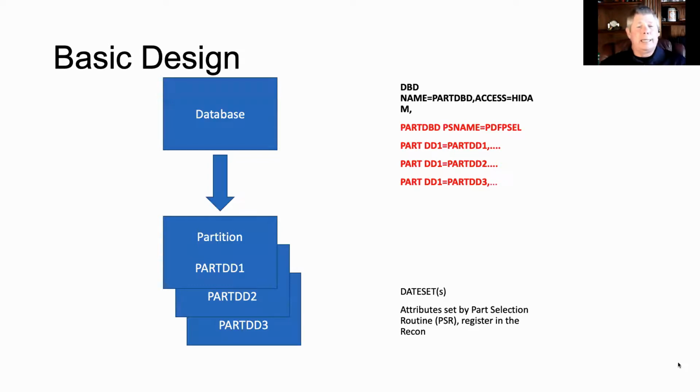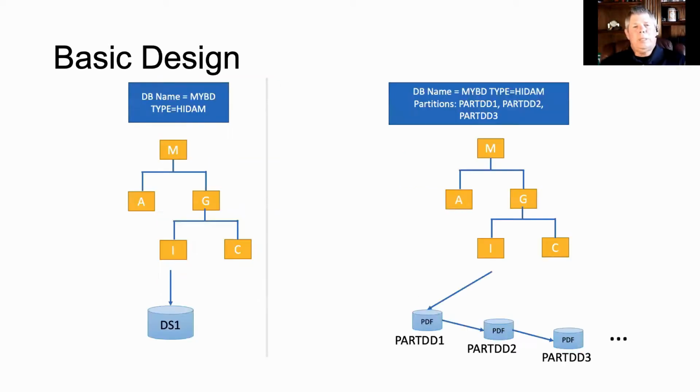The basic design, kind of like HALDB, you have a master database, and then you have partitions underneath that. And there's a part selection routine that you can use to register these to the RECON. And like HALDB, you have an HDAM database, and you have one data set.